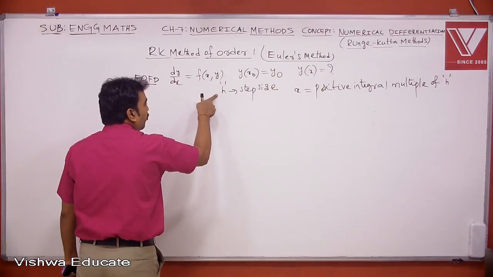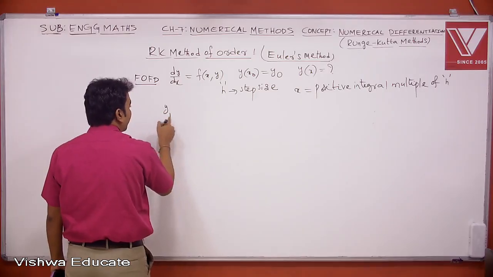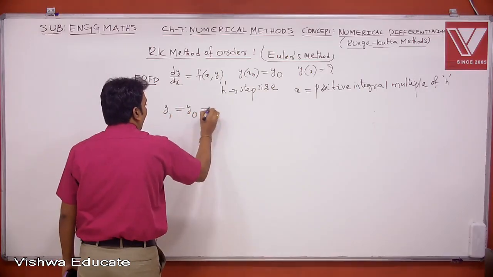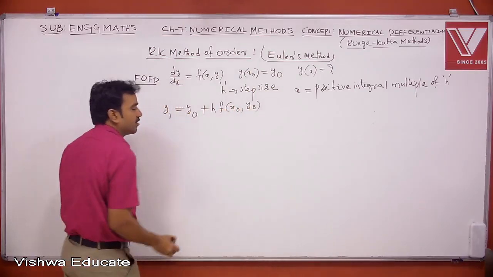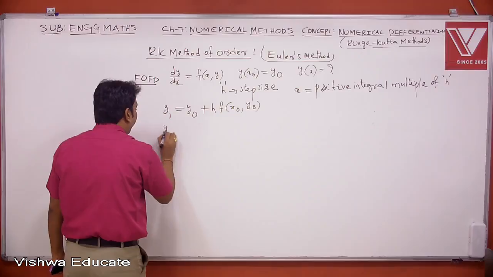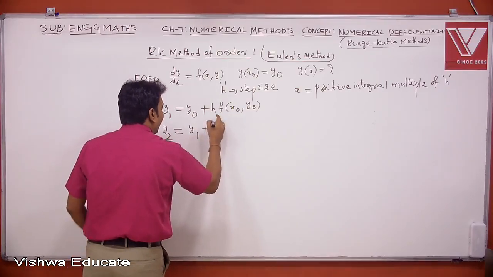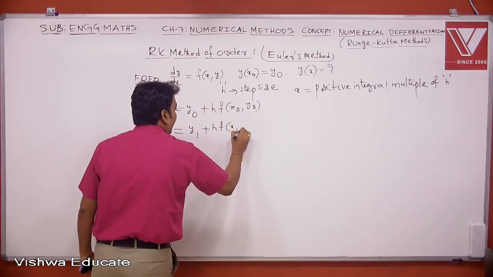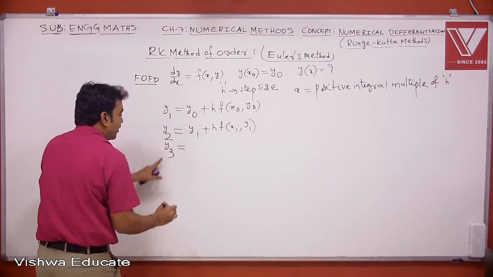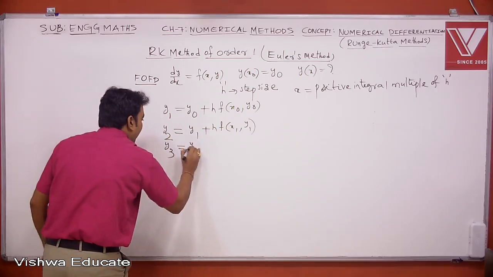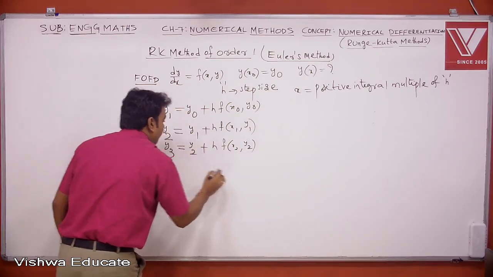Here the value of y in the first iteration is given by y1. This is the value of y in the first iteration. This is given by y0 plus h into f of x0 comma y0. The value of y in the second iteration, y2, is nothing but y1 plus h into f of x1 comma y1. Similarly, the value of y in the third iteration, y3, is nothing but y2 plus h into f of x2 comma y2 and so on.